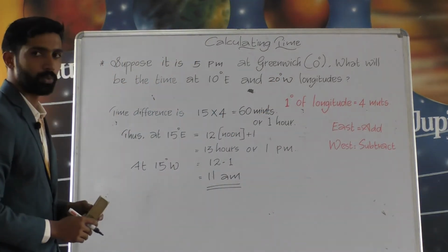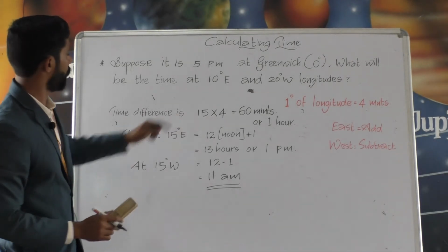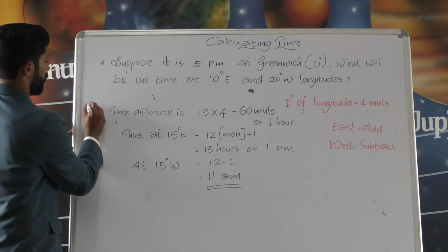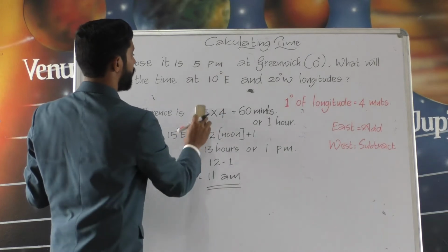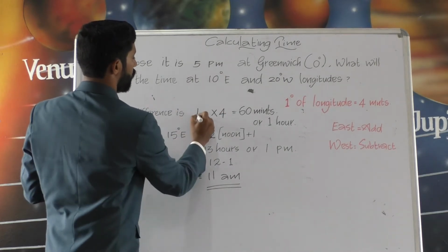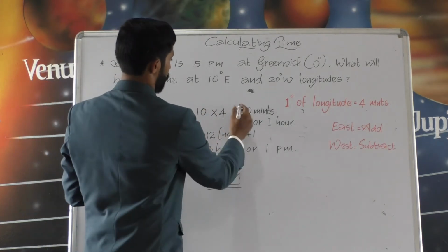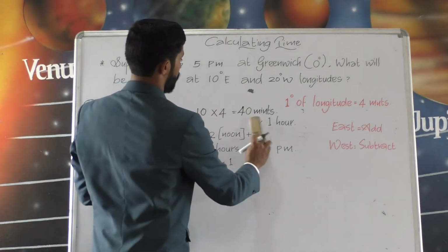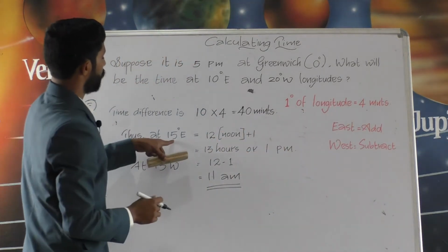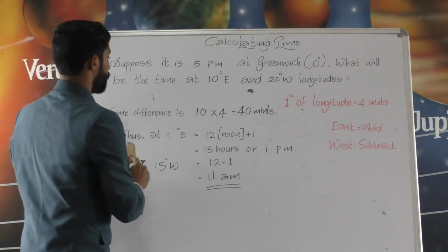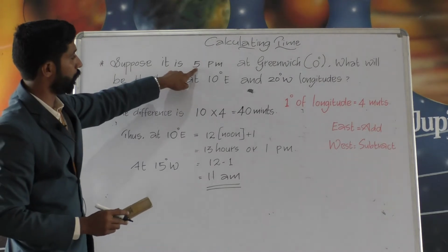How will you do it? We are going to do east first. So the time difference for 10 degree east: 10 into 4, 40, very good. 10 degree east, and what is the time given? 5, no?